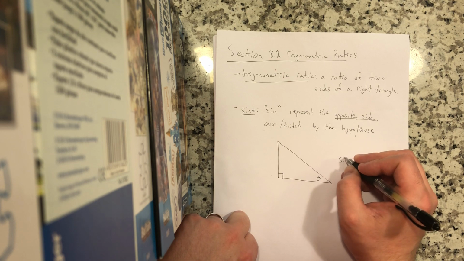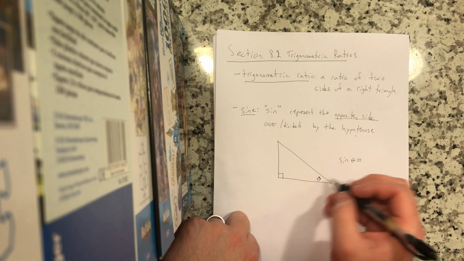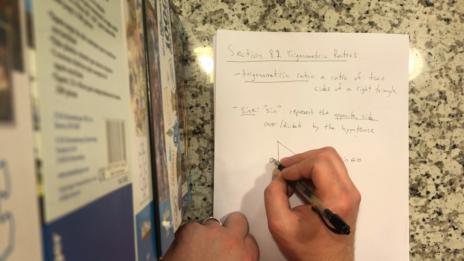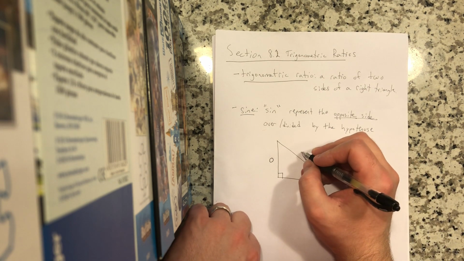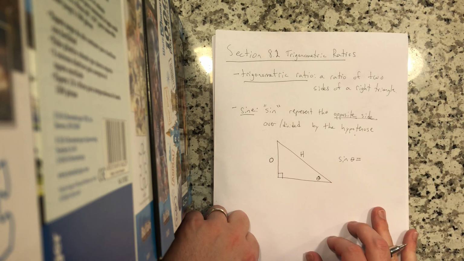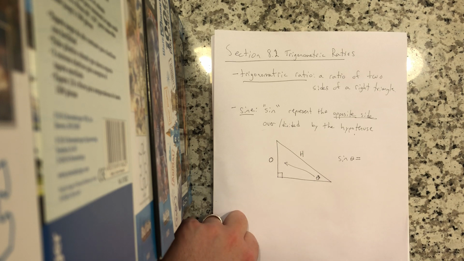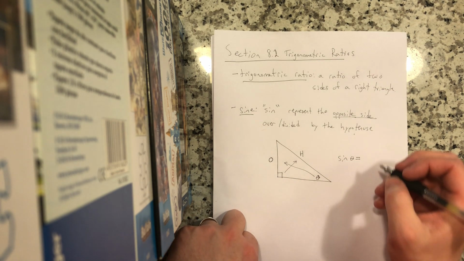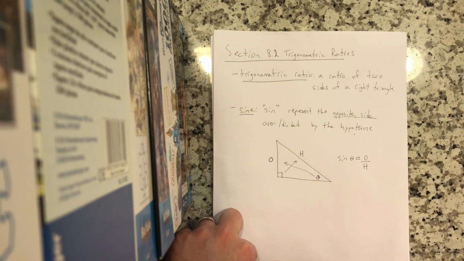Let's say the sine of the angle theta is going to be equal to, if we're looking at theta, this over here is going to be the opposite side, and I'll represent that with O. And then here is the hypotenuse. Across from theta, that's going to be the opposite. And then again, across from the right angle, that's the hypotenuse. So the sine is going to be the opposite over the hypotenuse, and I'll just use O and H there to represent the opposite and hypotenuse.